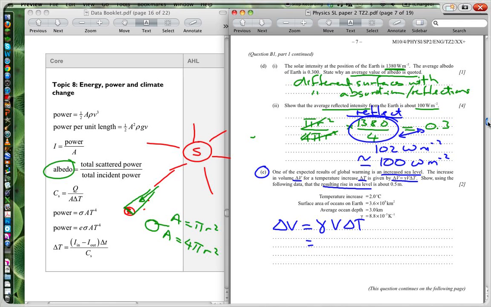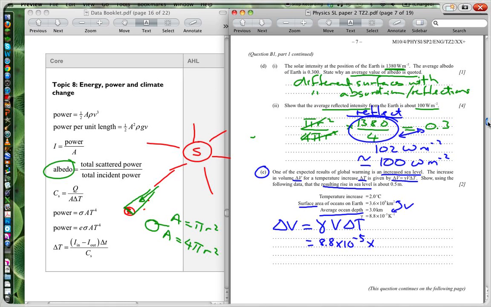So that's going to be 8.8 times 10 to the negative 5 times the volume. Now, we're not actually told exactly what the volume is, but we're told the surface area and the ocean depth. Obviously, if we multiply these two things together, we're going to get our volume.